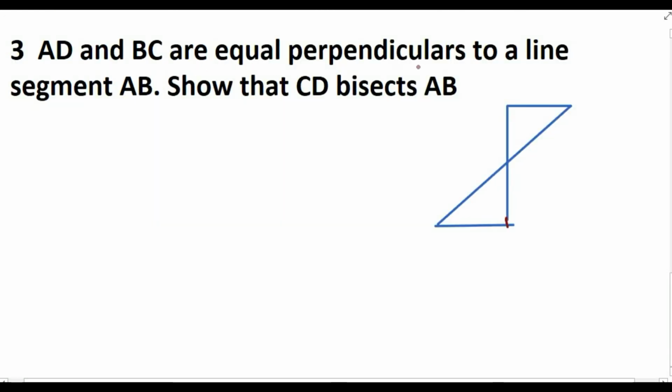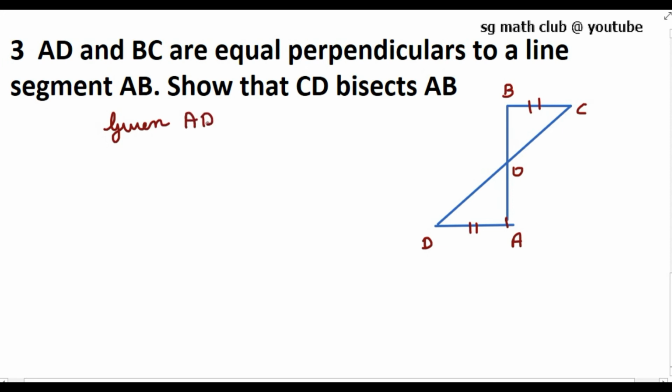The third question: AD and BC are equal perpendiculars to a line segment AB. Show that CD bisects AB. So this is AB and this line segment is CD. They have given AD equal to BC.